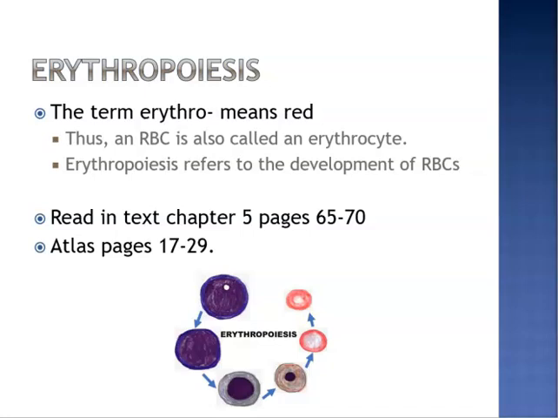There are several steps that the red blood cell must go through to mature and become the red blood cell that we're familiar with. You'll see here in the diagram the several steps that the red blood cell must go through to mature to become the nice little donut shape or biconcave disc shape that we're familiar with as a mature red blood cell.